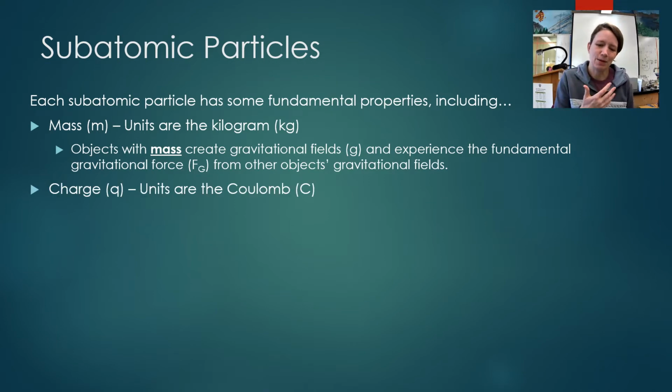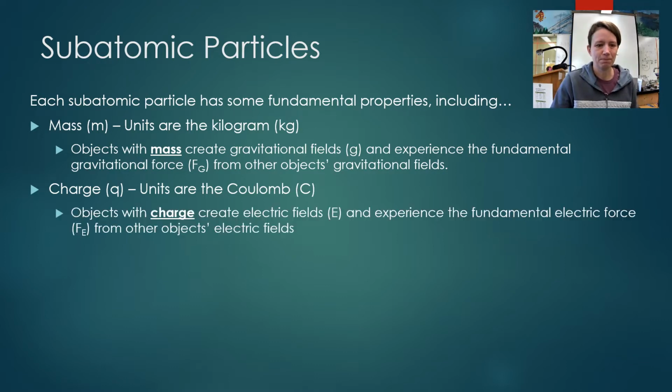We're going to use the same kind of model to represent what's going on with this other fundamental property, which is charge. We will use the letter Q to represent the amount of charge an object contains, and the units for charge are the coulomb, which is a capital C. A coulomb is a lot of charge, so usually we'll be dealing with micro or nano coulombs most of the time, but the fundamental unit is the coulomb.